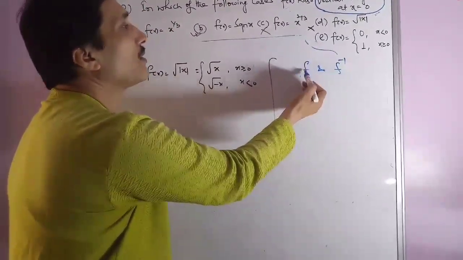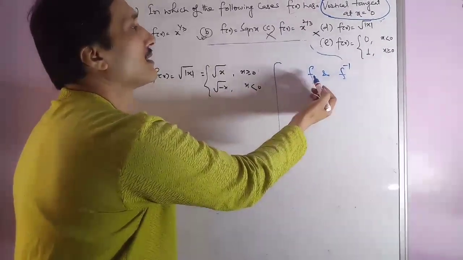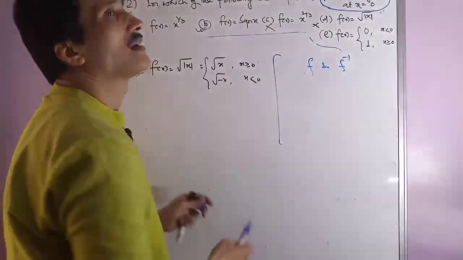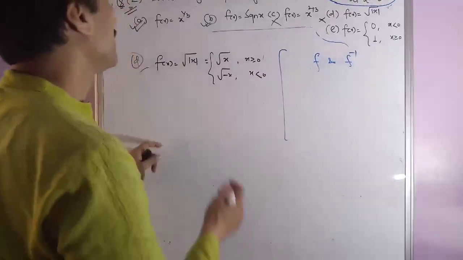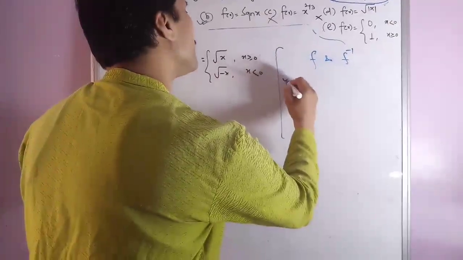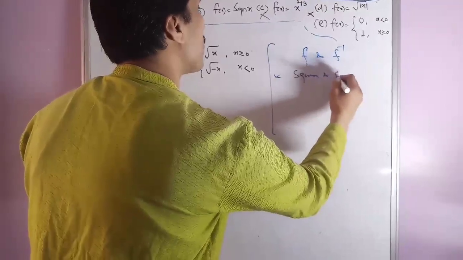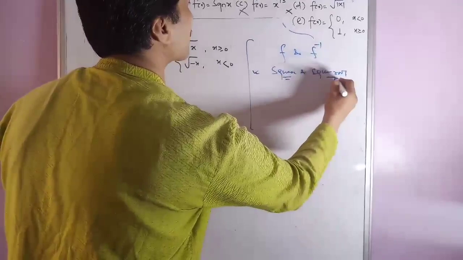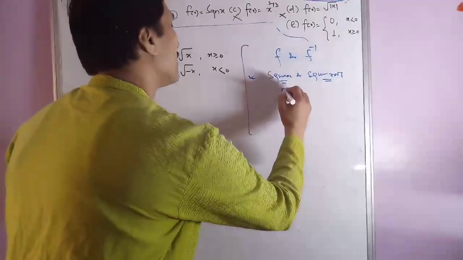If we know the graph of function f, then we find the graph of f inverse by taking the image of the graph of f about the line y equal to x. Here, a square function and a square root function are inverses of each other.